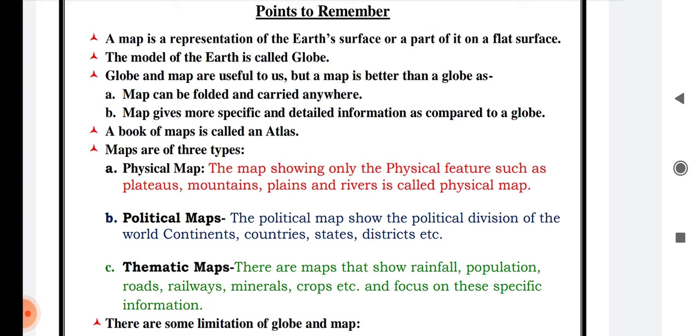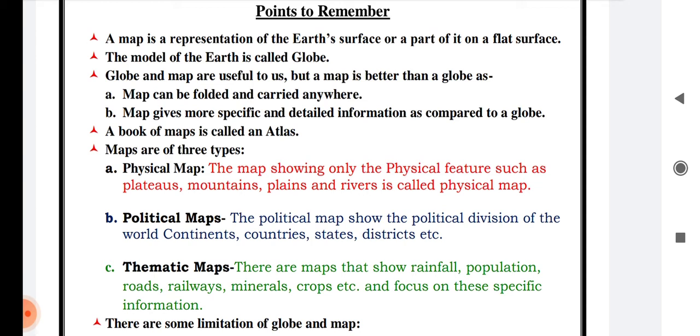Sometimes you keep it on your table when we ask you to do the map skill during your classroom activity. And after the period is over, you immediately keep it in your bag. You close your notebook, workbook, and keep it in your bag.